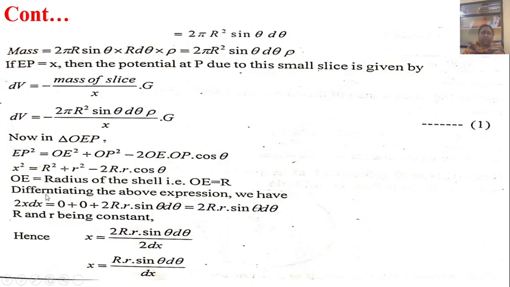Now OE equals the radius of the shell, that is R, and differentiating the above equation we get 2x dx, since differentiation of R square is 0 and r square is also 0, plus 2Rr sin theta d theta, R and r being constant.